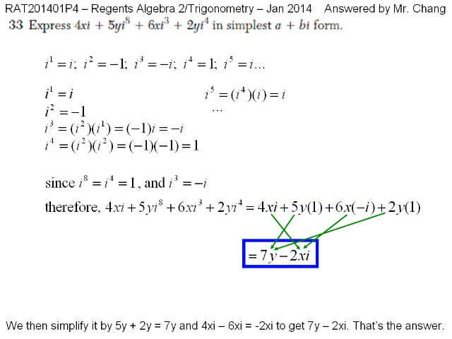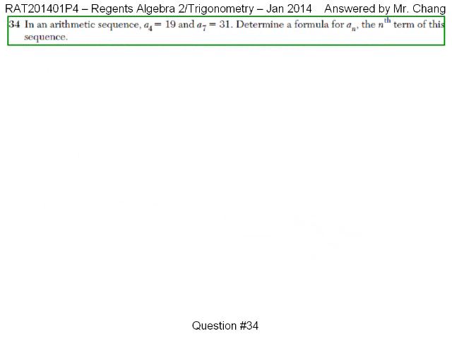We then simplify it: 5y plus 2y equal to 7y, and 4xi minus 6xi equal to negative 2xi, to get 7y minus 2xi. That's the answer.